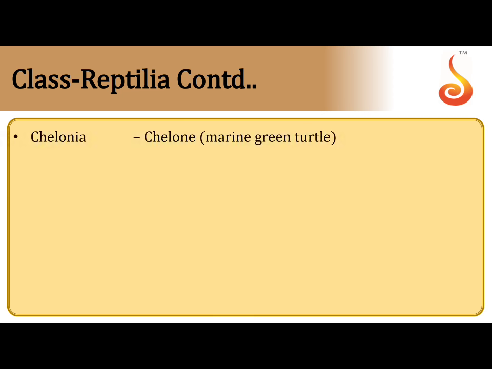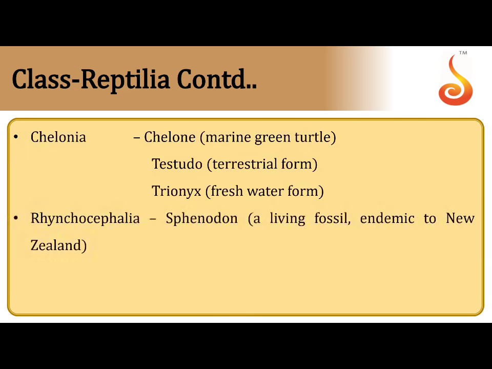So, continuing with more examples, we can see that the class Reptilia is divided into Chelonia, where Chelone, Testudo and Tyrannex come under this classification. Here, we see mostly turtle-like or tortoise-like organisms.